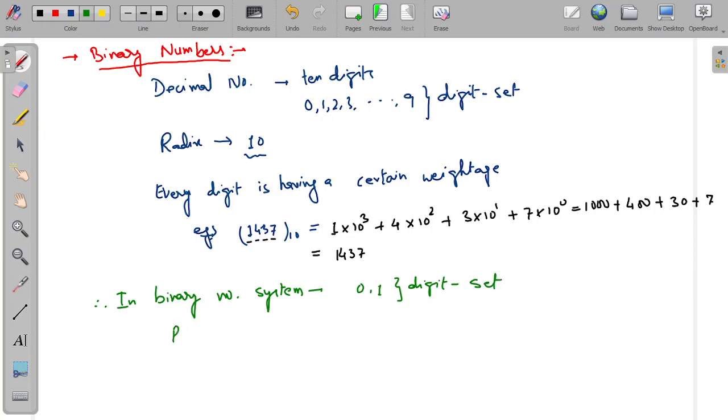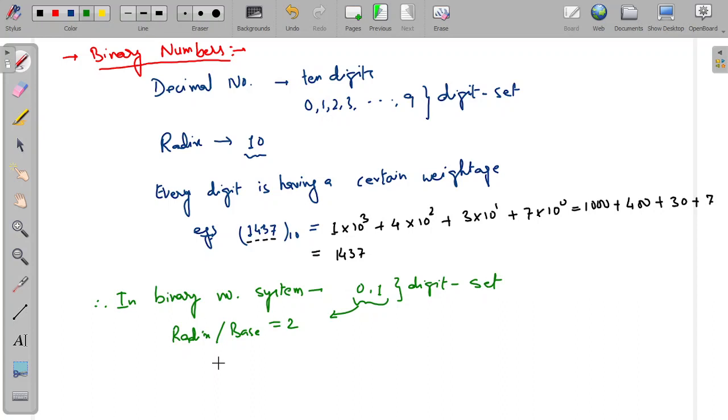And the radix or the base for this number system is 2, so that also represents that the number of digits in its digit set would be equal to 2.